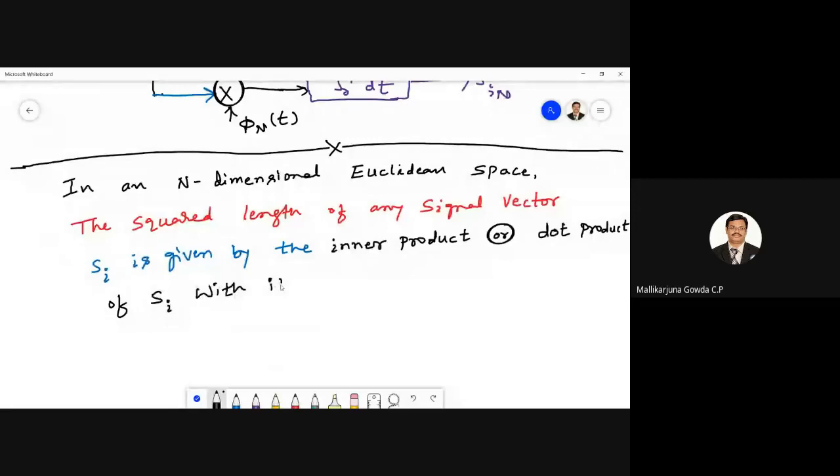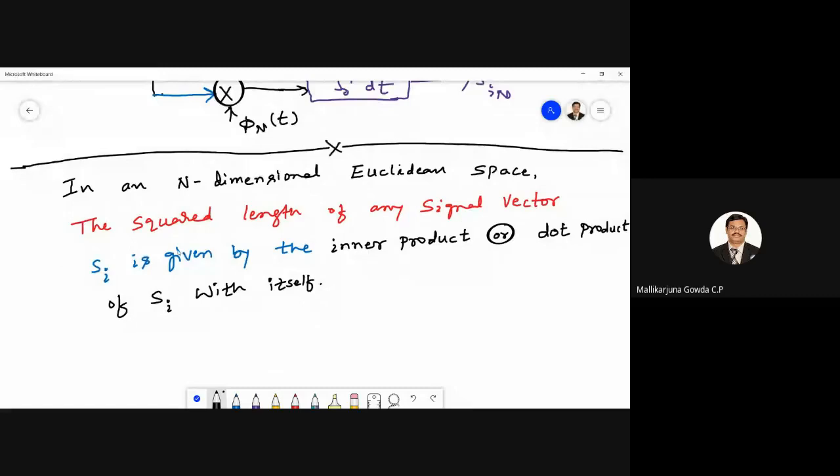What do you understand by this? I said in an n-dimensional Euclidean space, the squared length of any signal vector Si is given by the inner product or the dot product of the signal vector Si with itself. How do I write this mathematically?